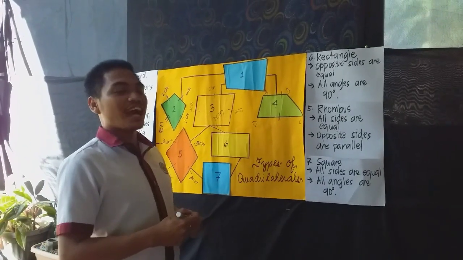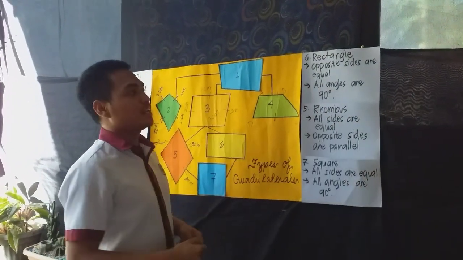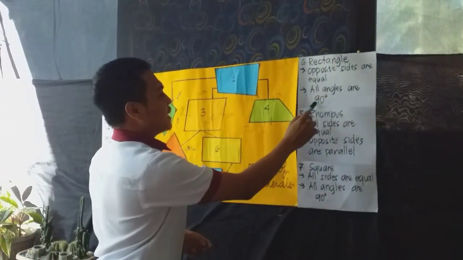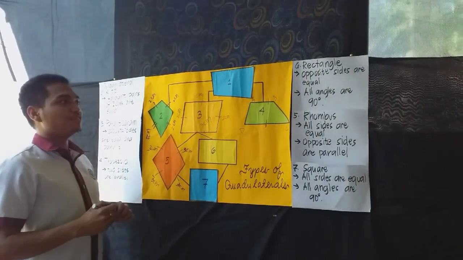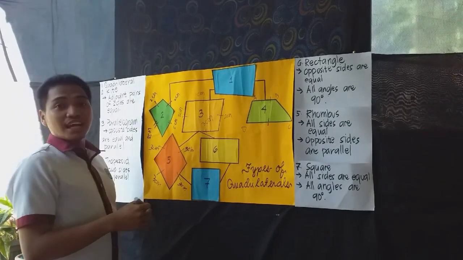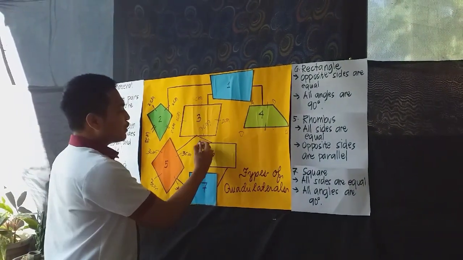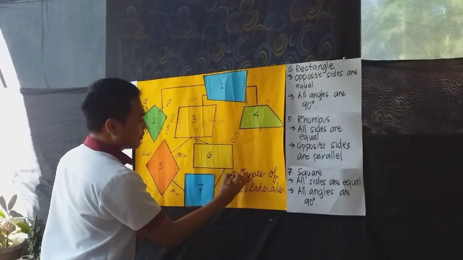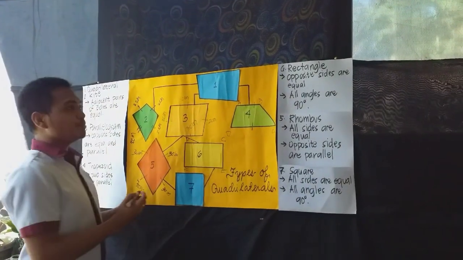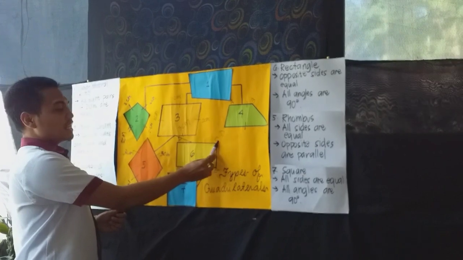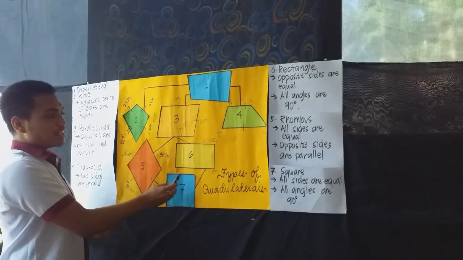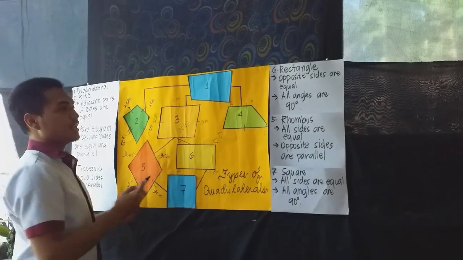Okay, next type. We have the rectangle. Opposite sides are equal. All angles are 90 degrees. According to the definition, the opposite sides are equal. For example, side DC is equal to side FE, and side DF is equal to side CE.